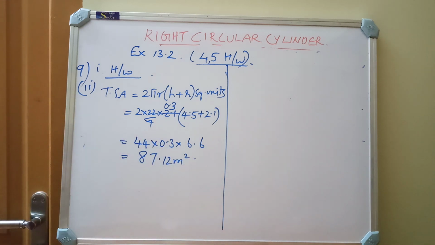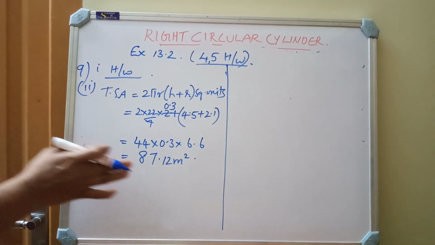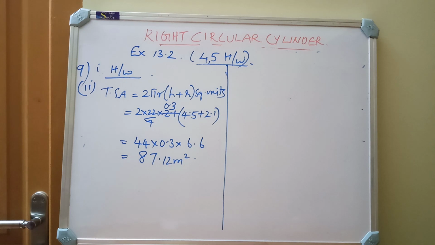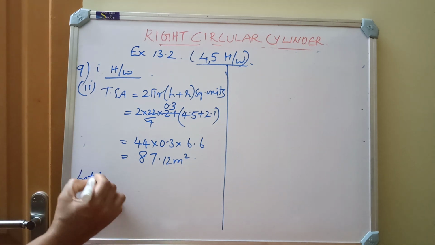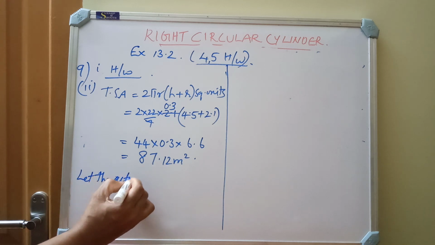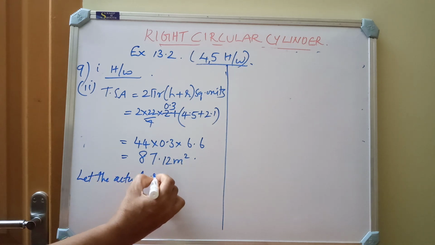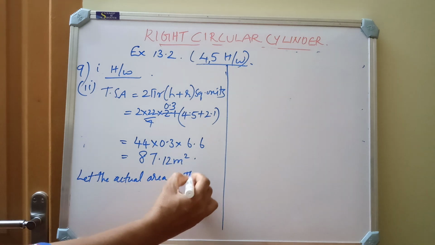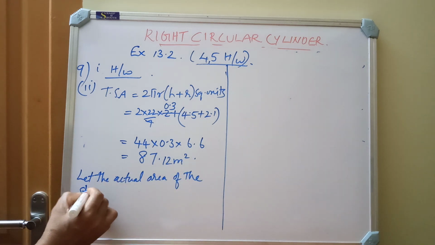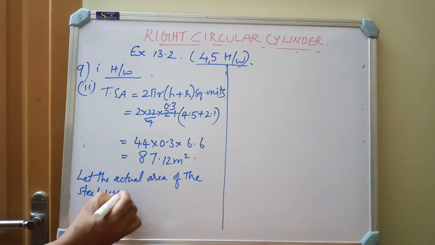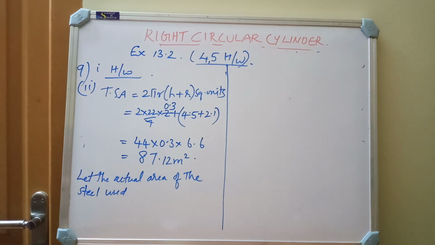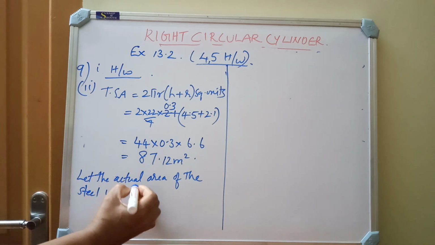Okay. For finding the second part of the question, first we must find out the TSA. We got the TSA. Next you write: let the actual area of the steel used be X meter square.